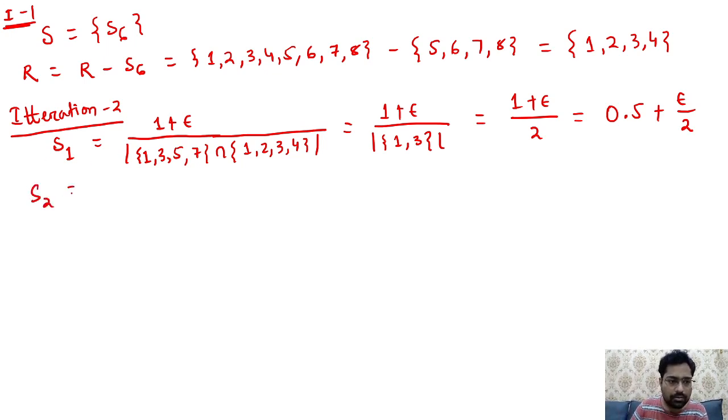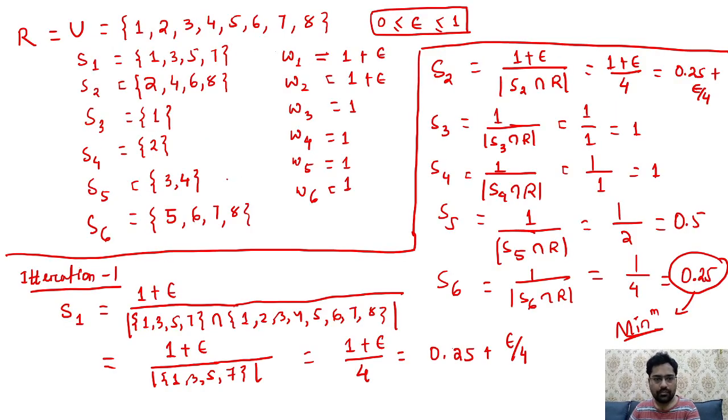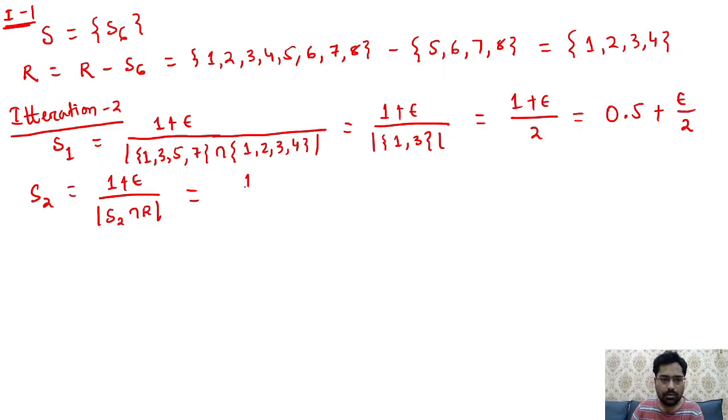For S2, I'm following the same procedure, skipping the direct answers. You can expect 2, 4 from this 1, 2, 3, 4. 2, 4 is there, so it's divided by 2, 1 plus epsilon, because 2, 4 will be the answer in between. So I'm writing 0.5 plus epsilon by 2.